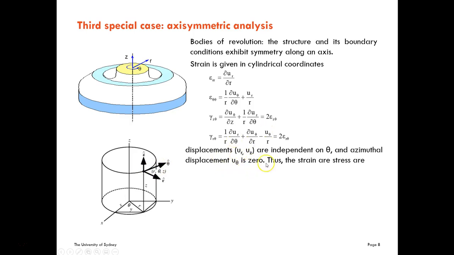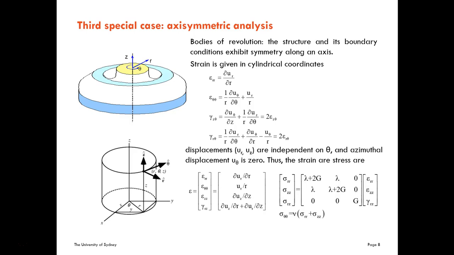So, using these assumptions, we can replace them into these equations for the strain, and we are going to get these equations that are the 4 components of the strain that are different from 0. The other ones are going to be 0.